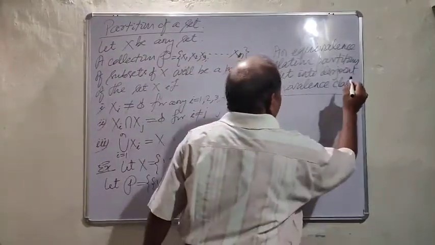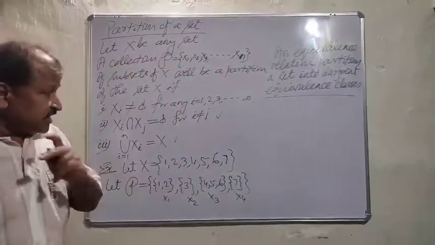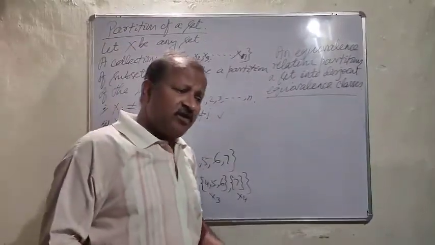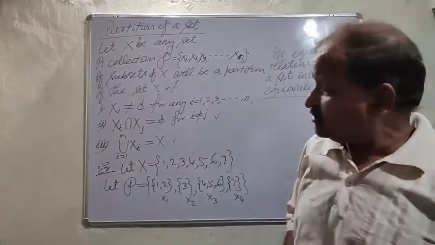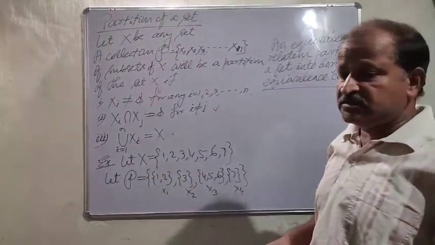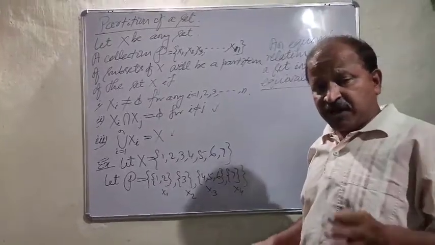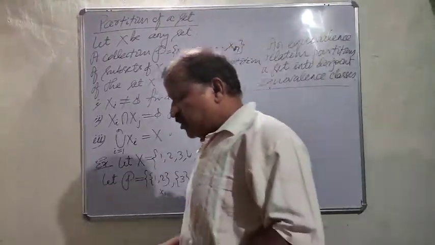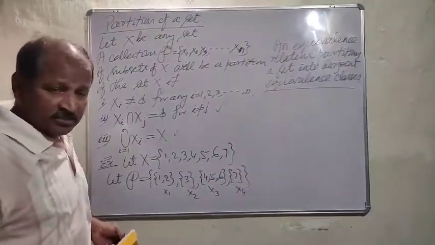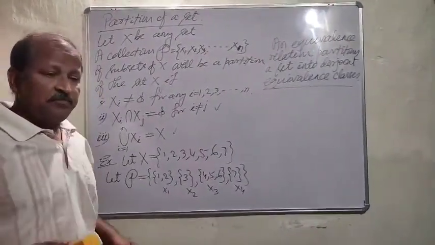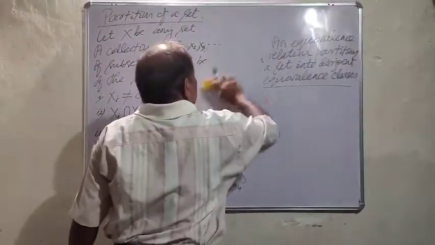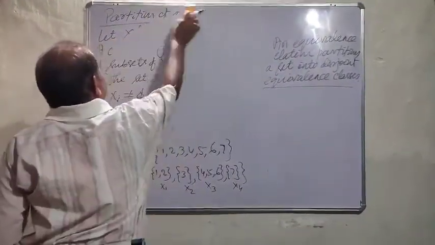Okay, now second part, the converse. Whether a partition defines an equivalence relation. If an equivalence relation partitions a set, then if there is a partition, is it defining an equivalence relation? Let us see. Yes, a partition defines an equivalence relation on a set, right?